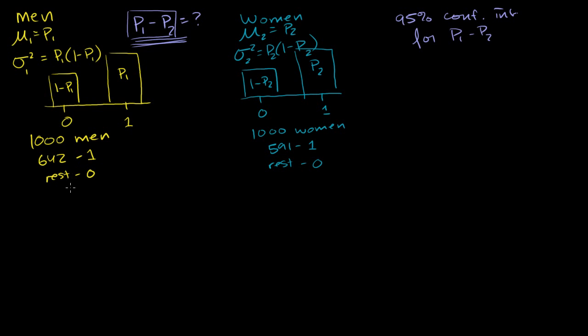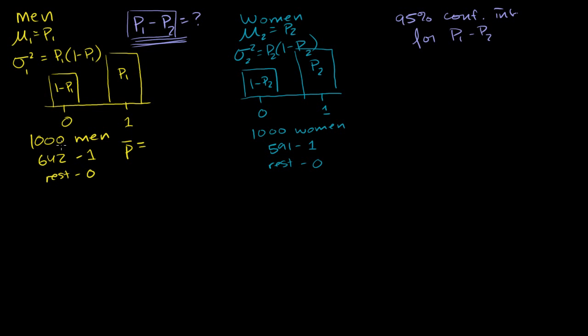So just based on our sample proportions, or our sample means, it looks like there is a difference, but we still have to come up with our confidence interval. And let's make sure we understand what we just did. We could figure out a sample proportion for the men, which is really just the sample mean of this sample right over here. We have 642 ones, the rest are 0, so we have 642 in the numerator.